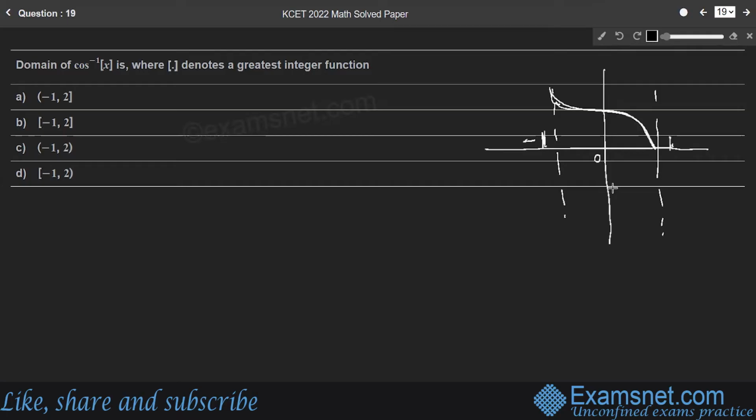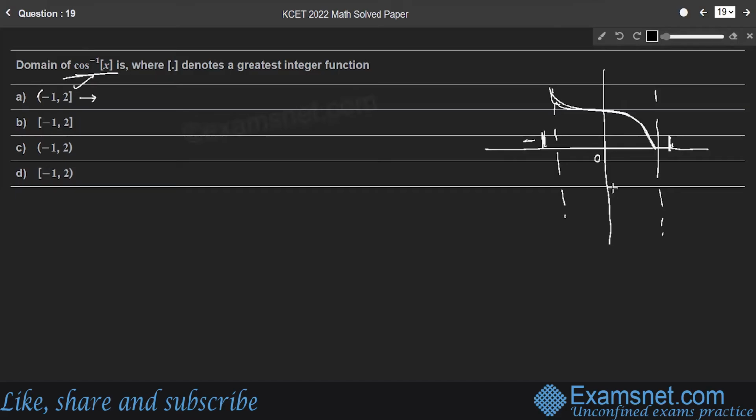According to the given four options, in option A it ranges from minus 1 to 2, a closed interval, so 2 is included. But according to the nature of the cosine function, 2 is not included. 2 cannot be the greatest integer of the value of cos inverse.